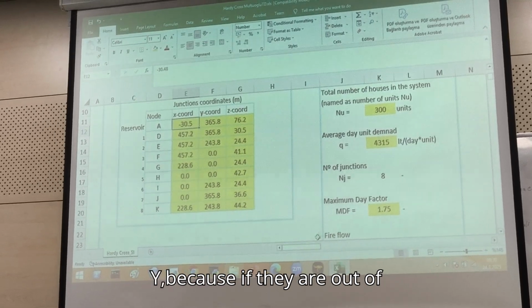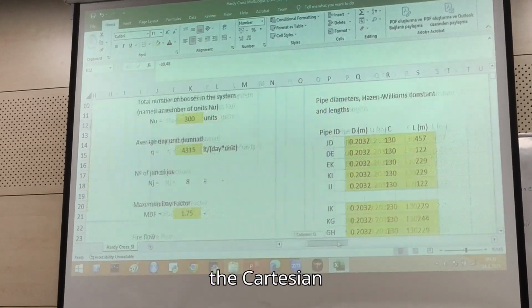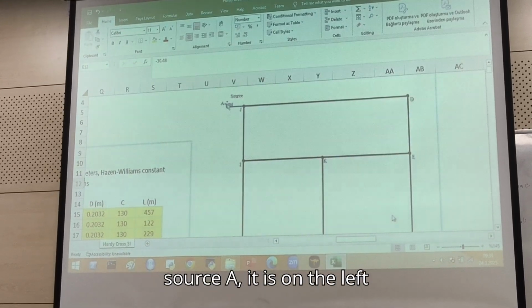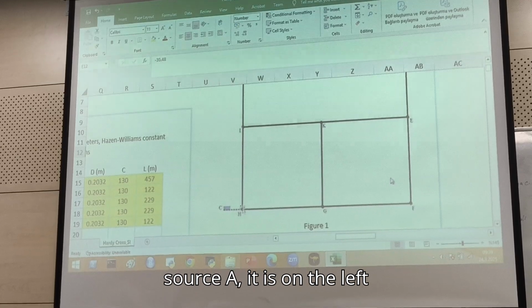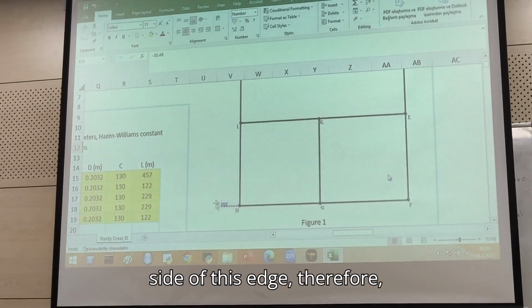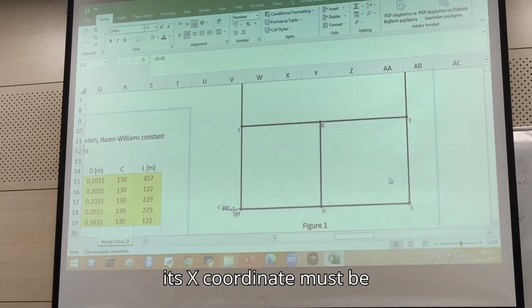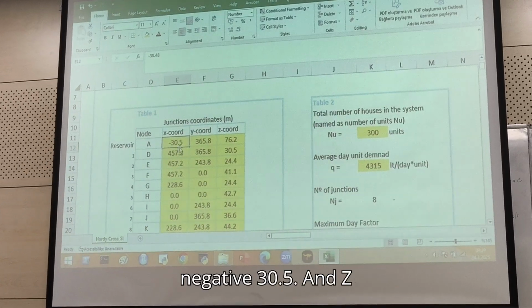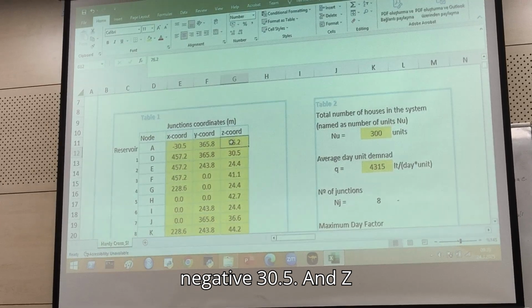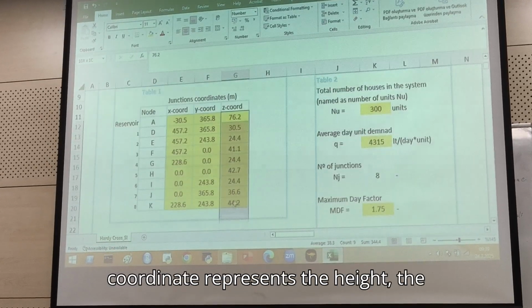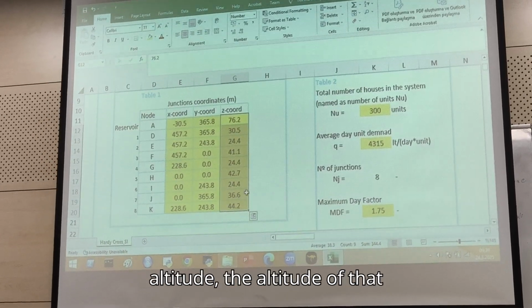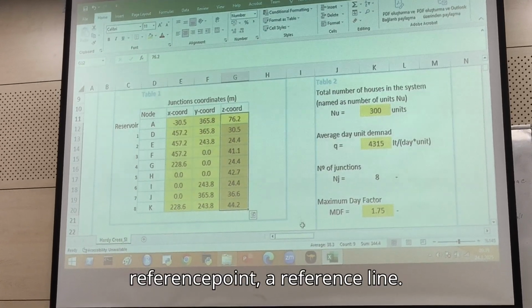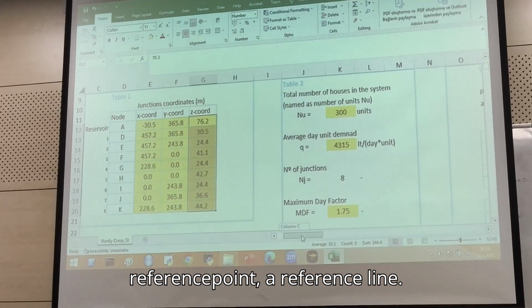Because if they are out of the Cartesian coordinate system, like for example the source A, it is on the left side of this H, therefore its X coordinate must be negative, right? Therefore it is negative 30.5. And Z coordinate represents the height, the altitude of that location regarding a reference point, a reference line.